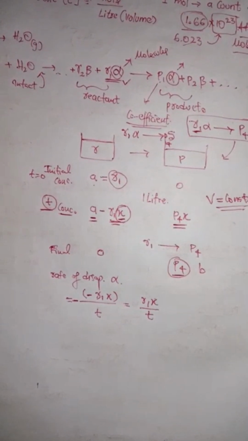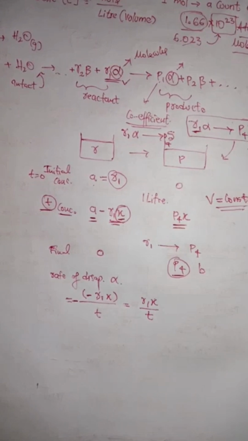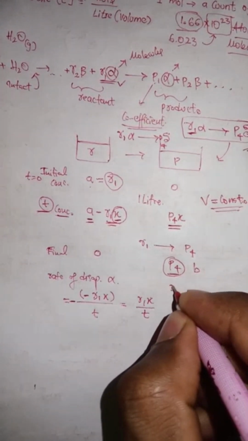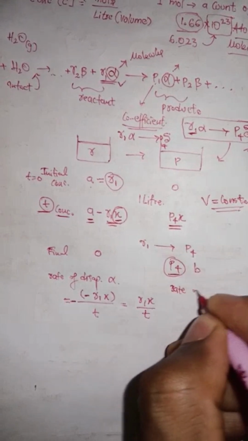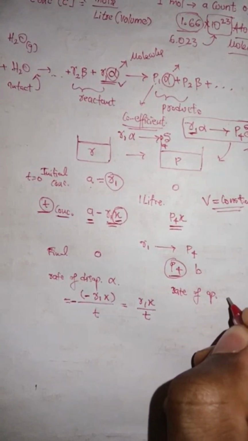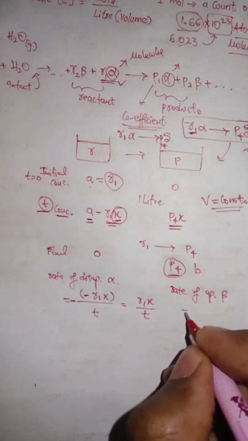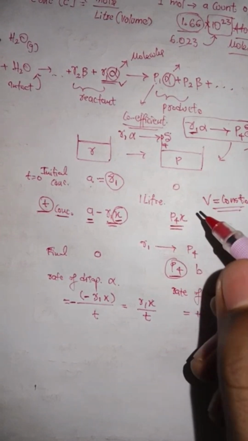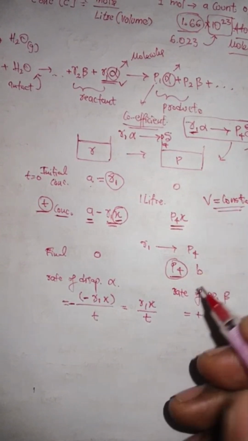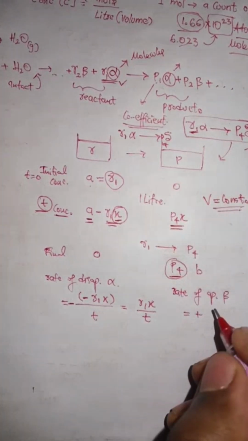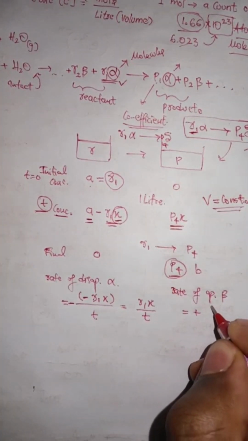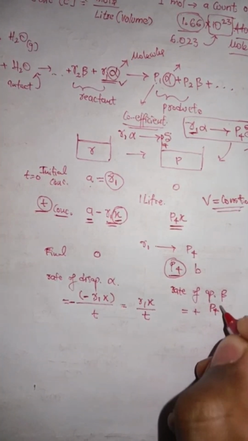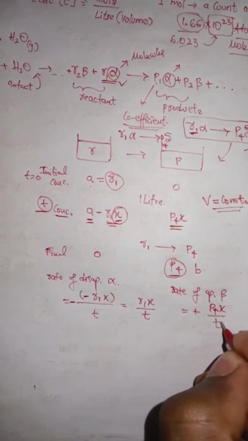When we consider the rate of disappearance of alpha, the rate of reaction is not the same as the rate of disappearance of alpha. Even the rate of appearance of beta is positive. Here the concentration increases to P4x divided by t.